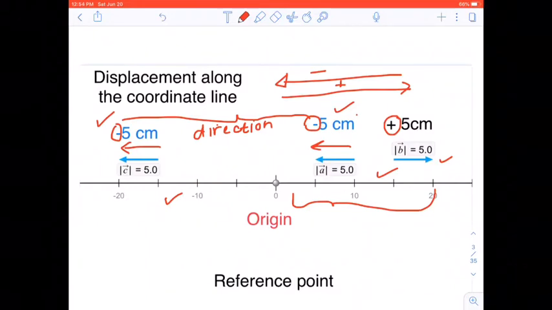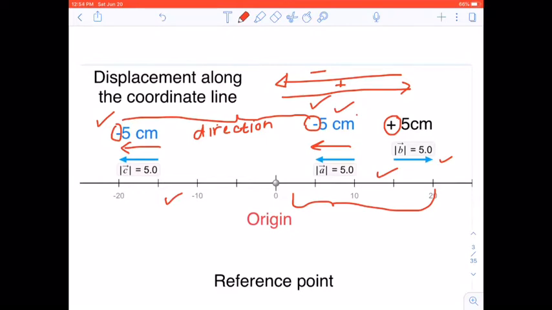Okay, so here you have a negative displacement moving in the opposite direction to the positive, but it's on a positive side of that coordinate line.